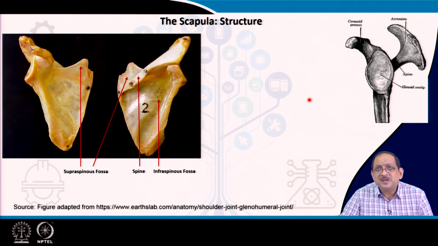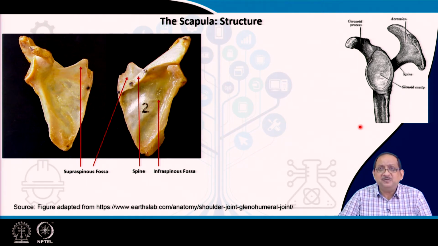If we take a side view, it can be seen that the structure of the scapula is almost like the branching of a tree. Hence, it is a very complex structure, and it gives us a large range of motion.